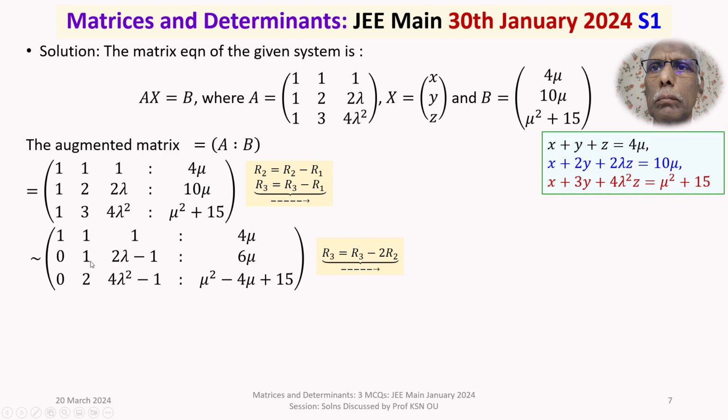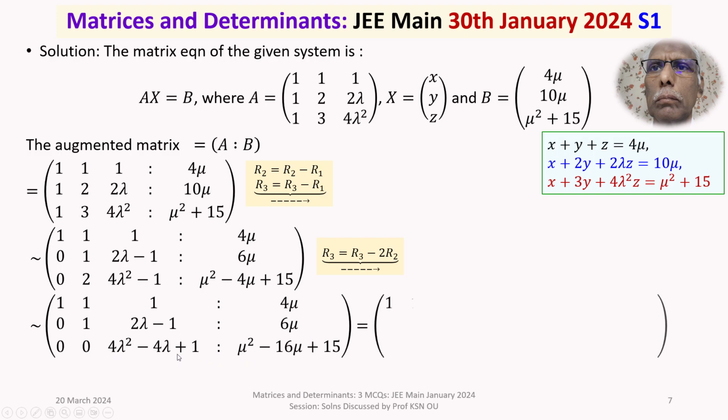So multiply the entries of the second row by 2 and subtract them from the entries of the third row. So that is R3 is equal to R3 minus 2R2. Then this becomes this one. Now let's simplify the entries of the third row.